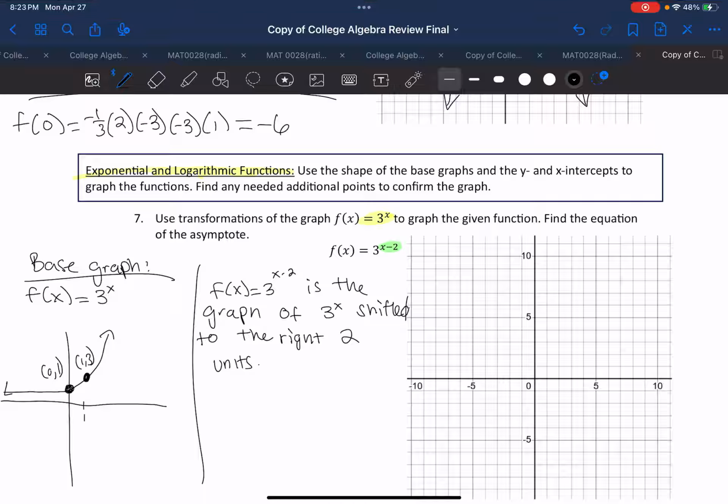So (0, 1) will become (2, 1), and (1, 3) will become (3, 3). So it'll look something like this.